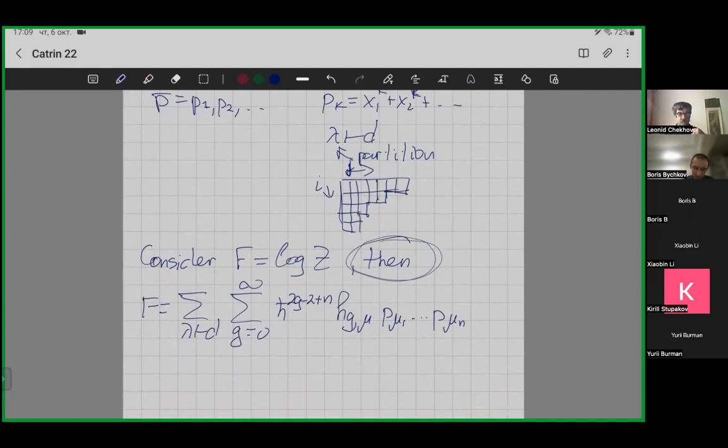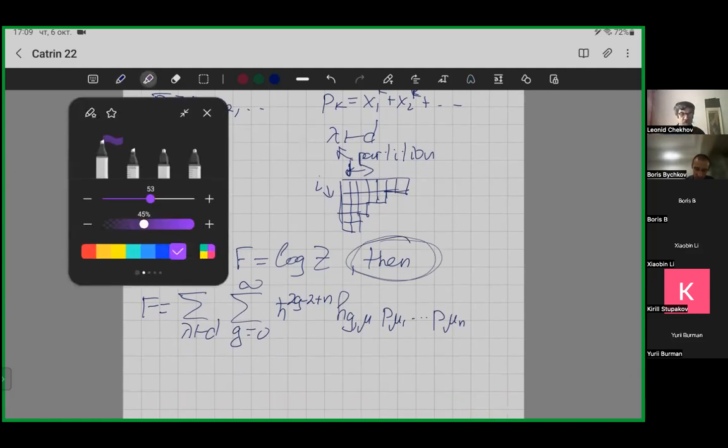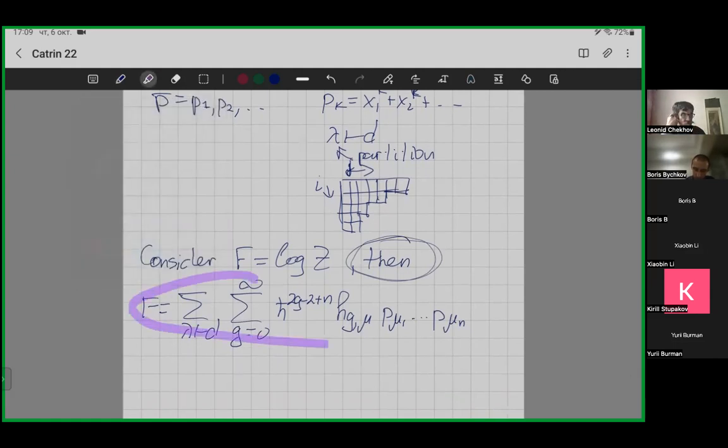So if we organize this series for these generalized Hurwitz numbers, then you can rewrite it in the basis of Schur functions, and you obtain this Z as I wrote above.